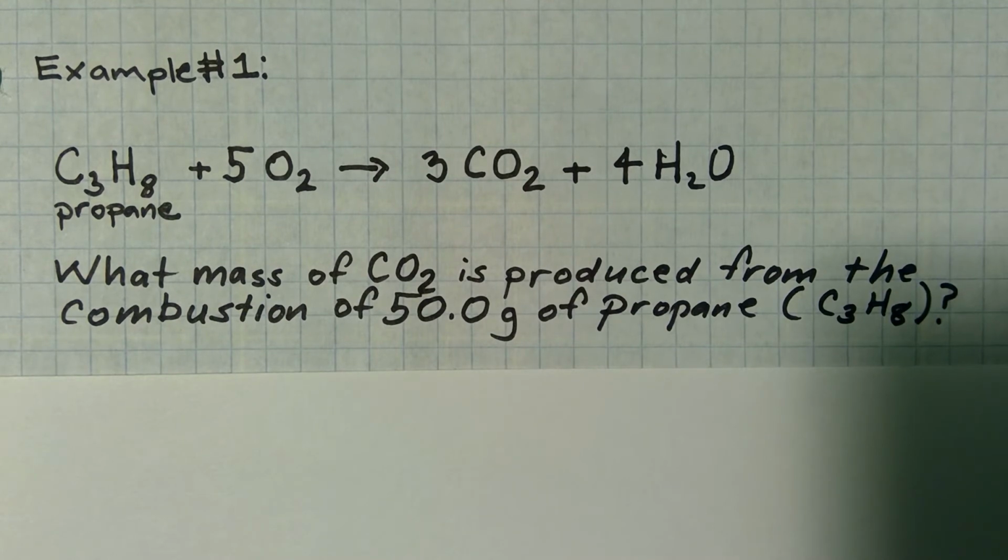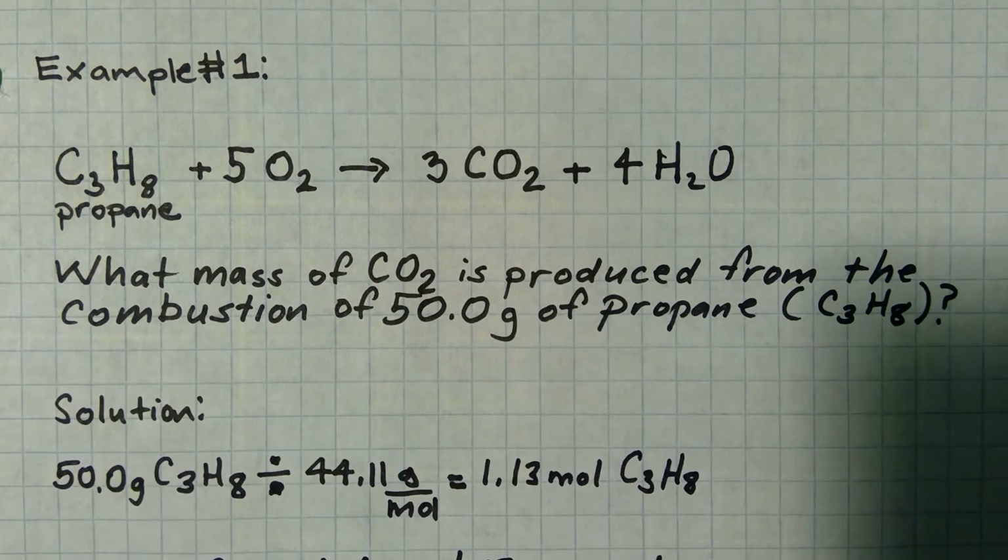Our chemical A is propane, C3H8. So let's start with our first step. 50 grams of C3H8 divided by the molar mass of C3H8, which is 44.11 grams per mole.